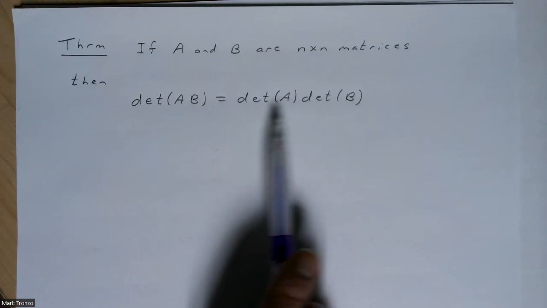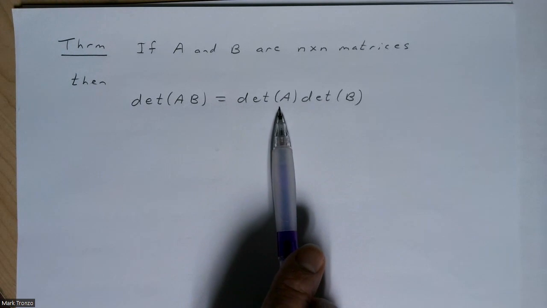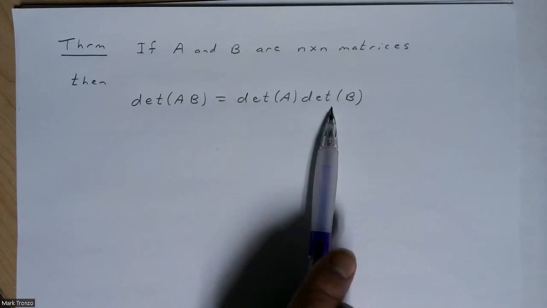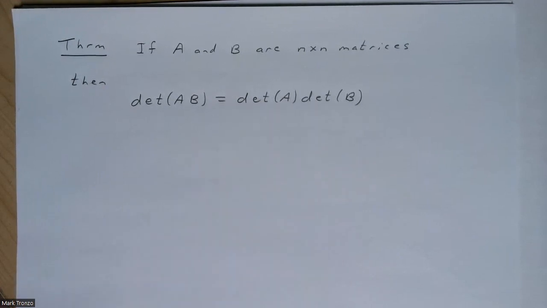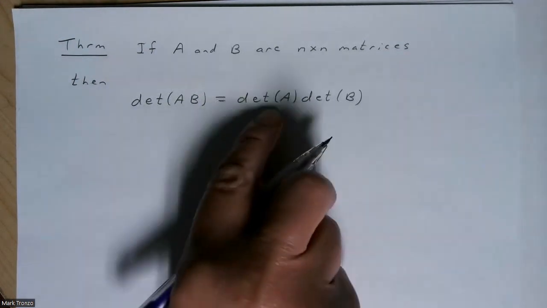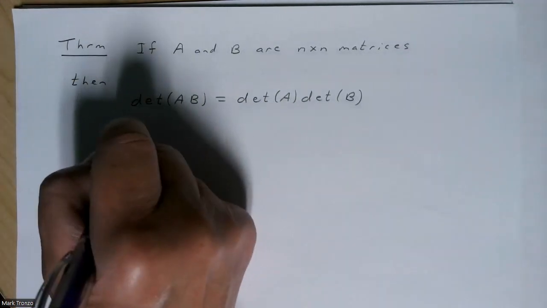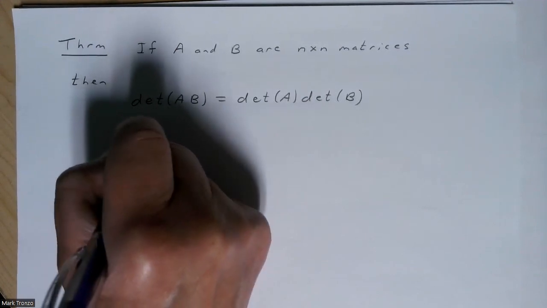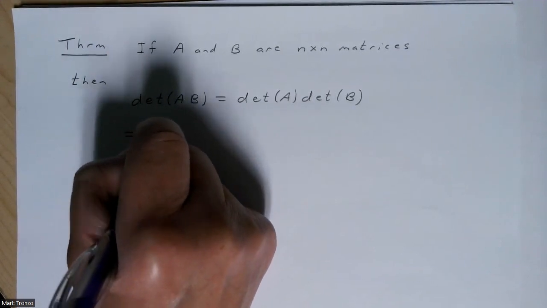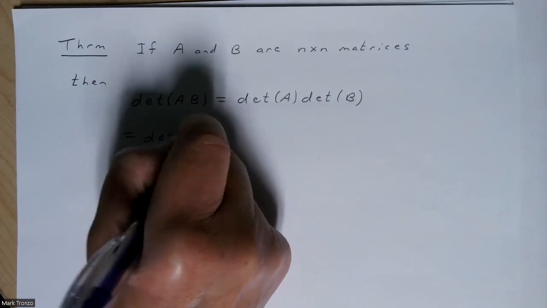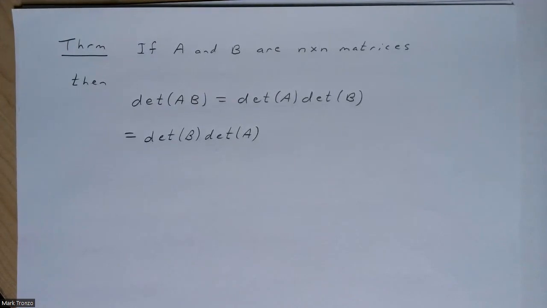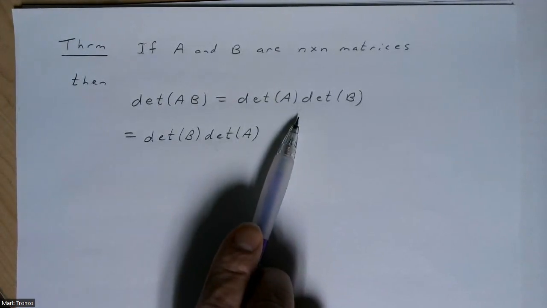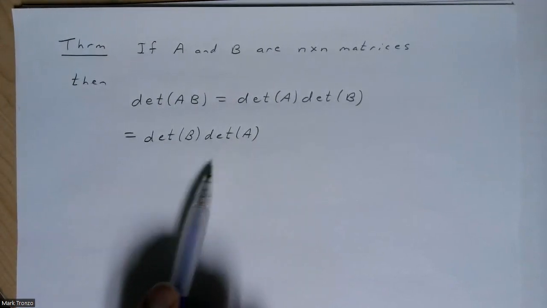So this is also equal to the determinant of B times the determinant of A, simply because these are real numbers, you can commute them in multiplication.